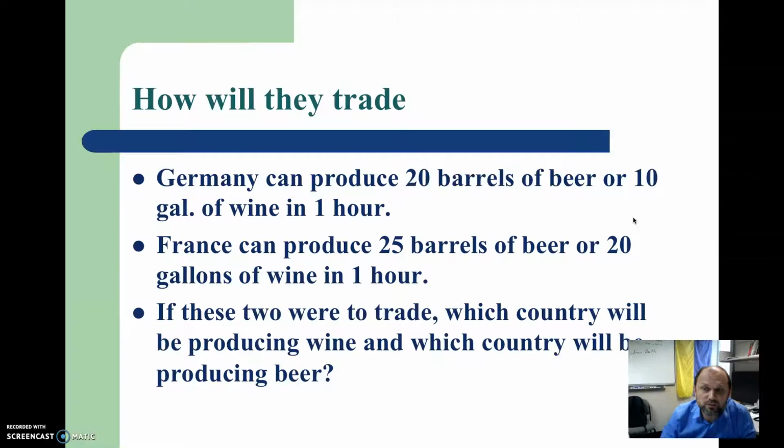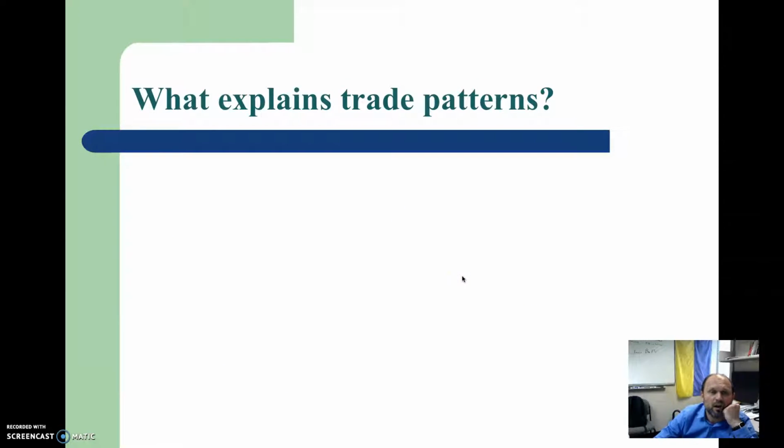Say, may need to give up more beer to produce wine or more wine to produce beer than Germany. So let's look at this particular example and determine which country actually does have the comparative advantage in the production of the good.